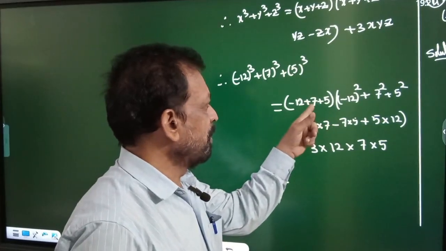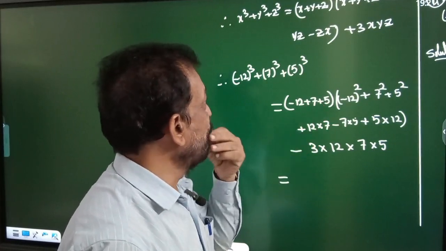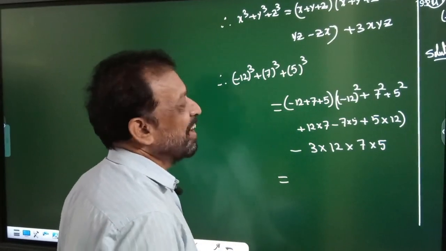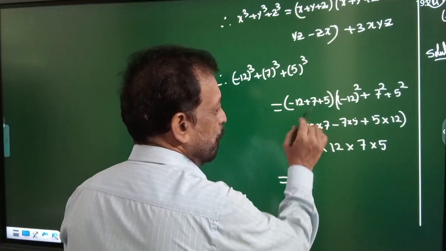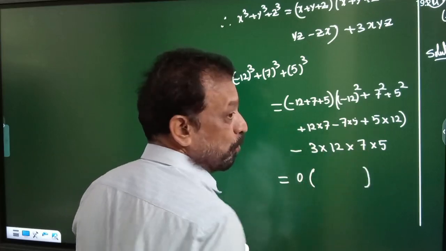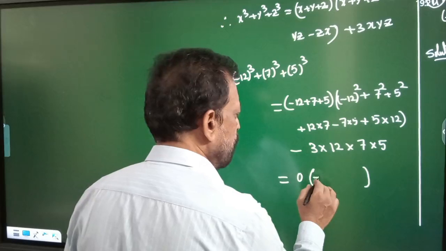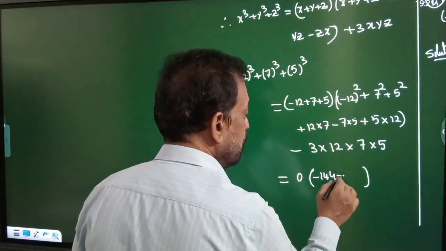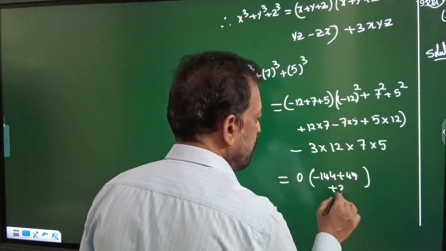Minus 12 plus 12 is gone completely, this is 0. 0 into whatever is there. You can simplify that: 12 square is 144, plus 49 plus 25. Can put as it is, no problem.